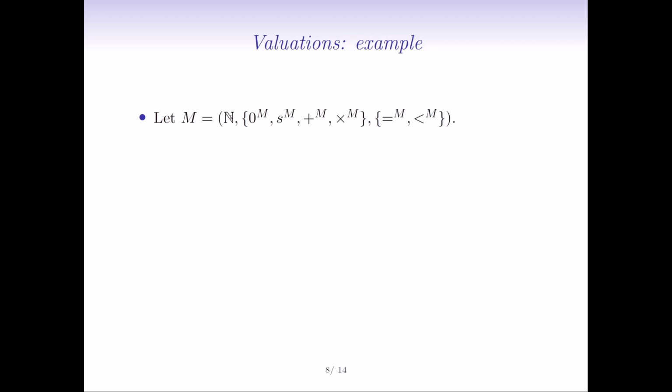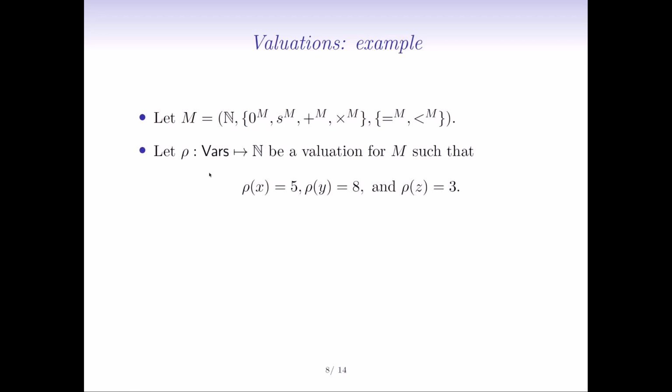So this first order structure has domain N for the natural numbers, and for each of these symbols, we have 0m is 0 in the natural numbers, sm is the successor function, plus m is addition, and so on. So in this structure, all the symbols of Peano arithmetic have their normal interpretations.